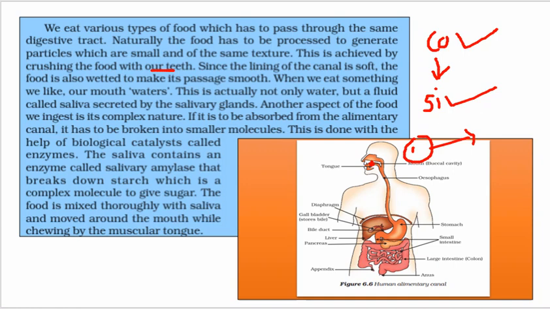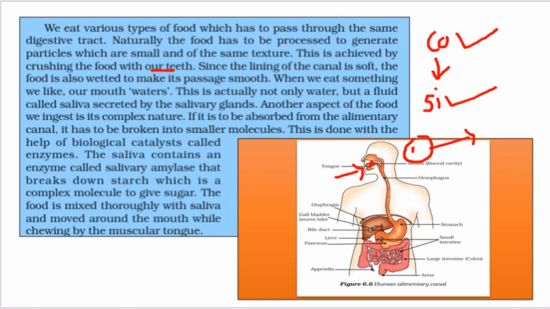When the food enters the mouth, the salivary gland makes the food wet and soft. यानी जब खाना जाता है मुंह के अंदर, तब खाना सलाइवरी ग्लैंड के साथ मिक्स होकर वेट हो जाता है, गीला हो जाता है. Clear? And the saliva contains one important enzyme.